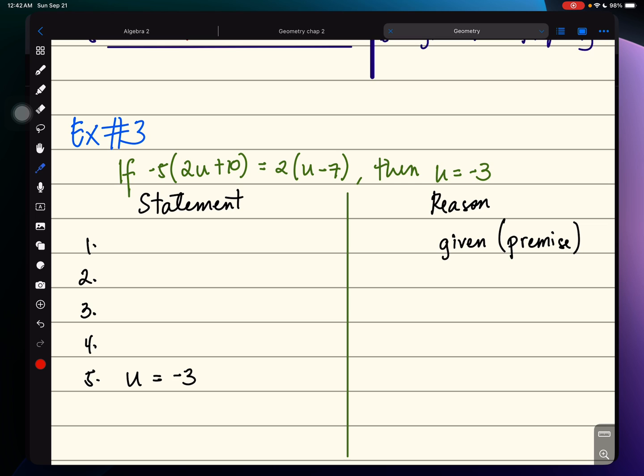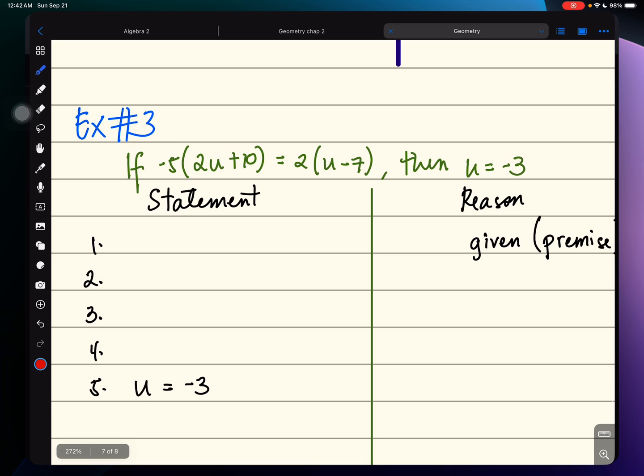All you have to do first is again identify the hypothesis, which is this one, and of course the conclusion is this one. The hypothesis is also known as premise, and premise is also known as given. So simply write the given, so that is -5 multiplied to the quantity of 2u plus 10 equals 2 multiplied to the quantity of u minus 7. Next, what do you think will be the second reason and second statement?